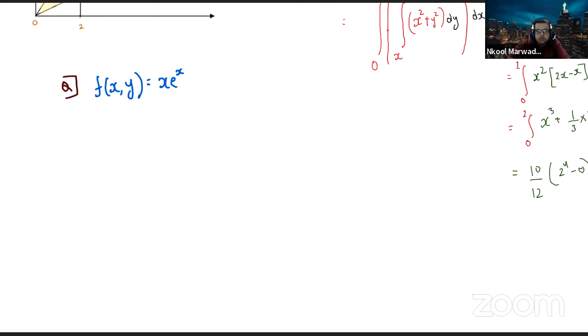Region R is bounded by two graphs: y is equal to x square and y is equal to x.